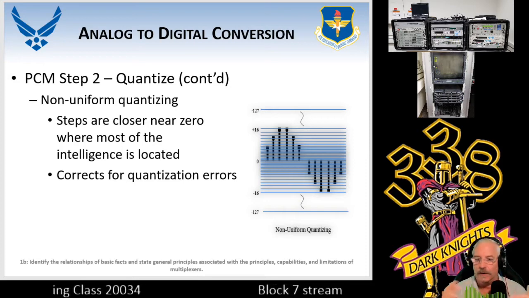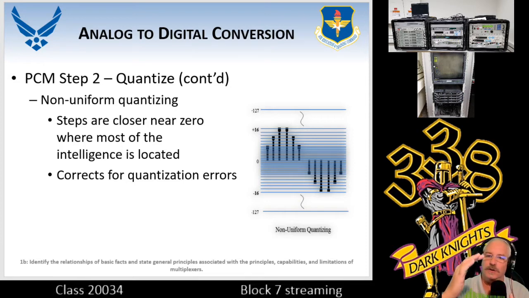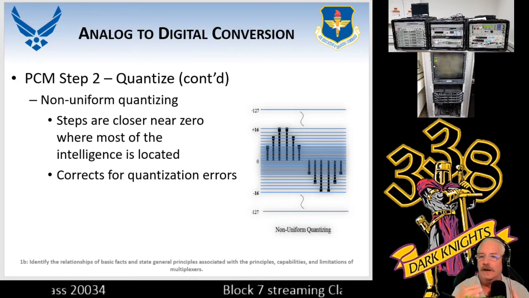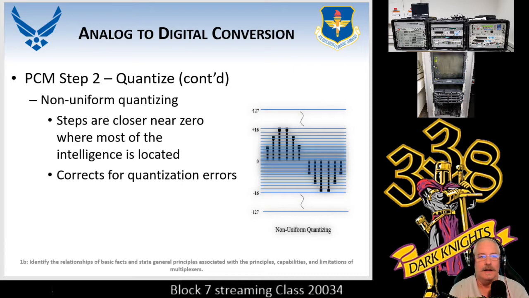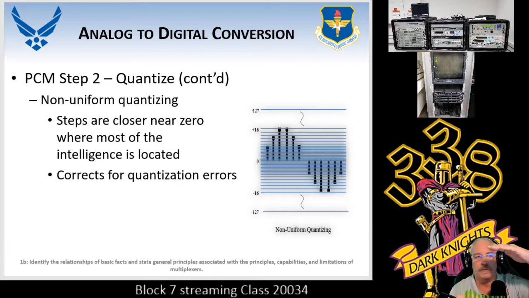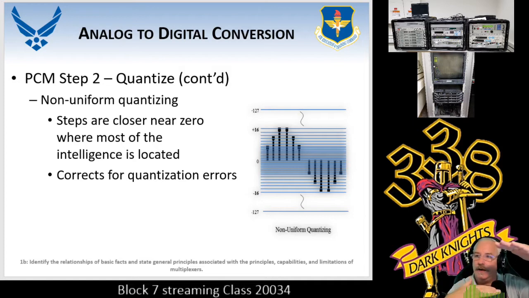In other words, they went with the masses and they started to squish all these lines together to where they can prevent most of the quantization errors. That's the rounding. Now, as you get closer to the higher plus 127, those lines start spreading apart.